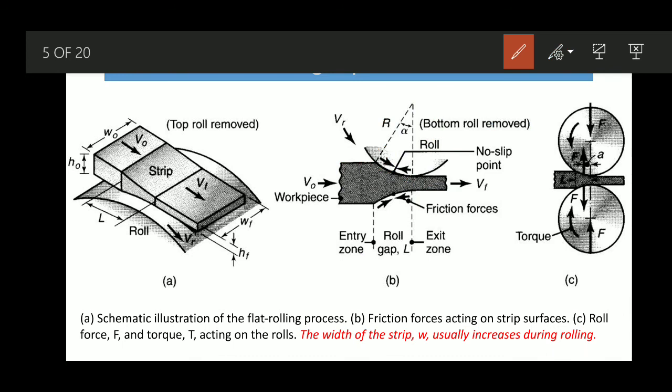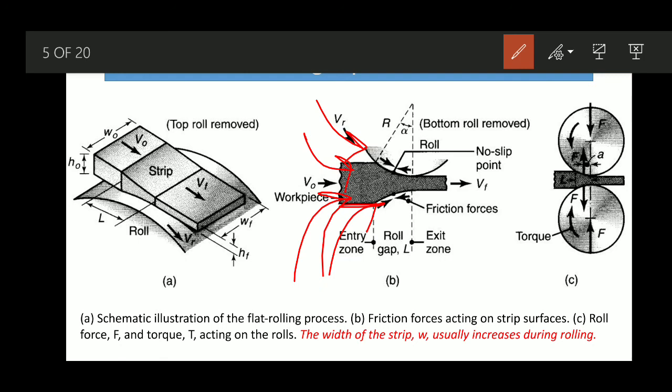In that case the pressure will build up during the course of action. Because of the frictional force, the metal is pulled inside the roll, and how much metal thickness the roll can pull, the friction is responsible for that also.